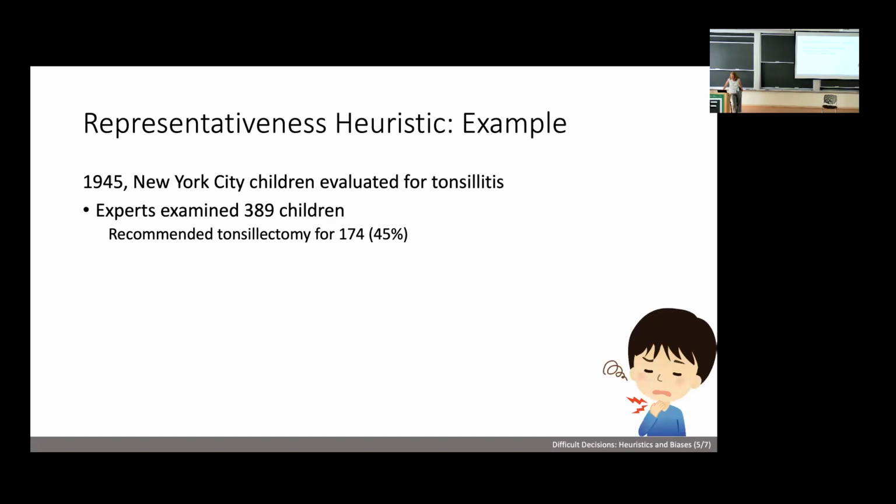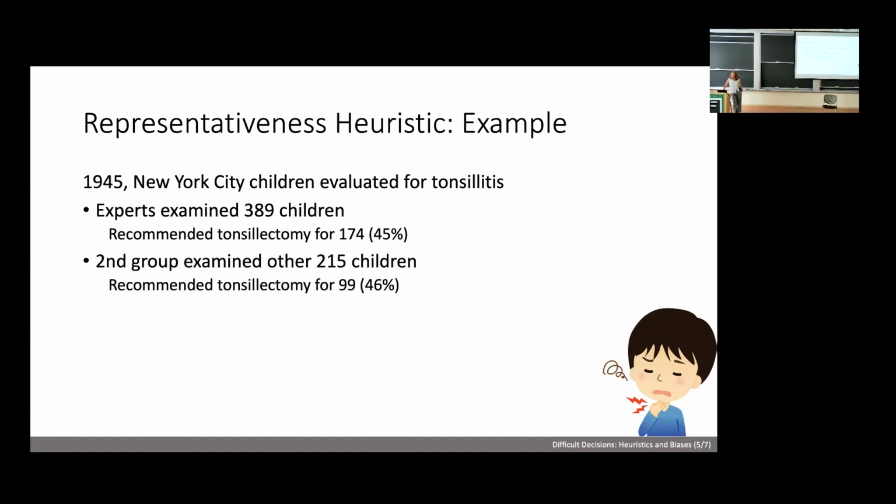One example is a classical study done in 1945 in New York City, where children were evaluated for tonsillitis. Experts were asked to examine 389 children, and they recommended tonsillectomy for 174 of those 389, so 45% of the children. Then a second group of experts examined the other 215 children, where the first group did not recommend tonsillectomy, and the second group recommended tonsillectomy in 99 of those 215 children, or 46%.